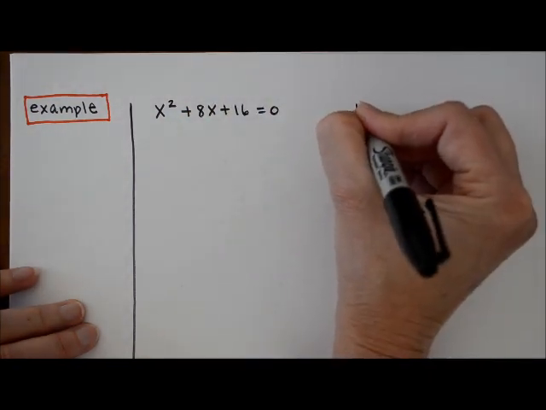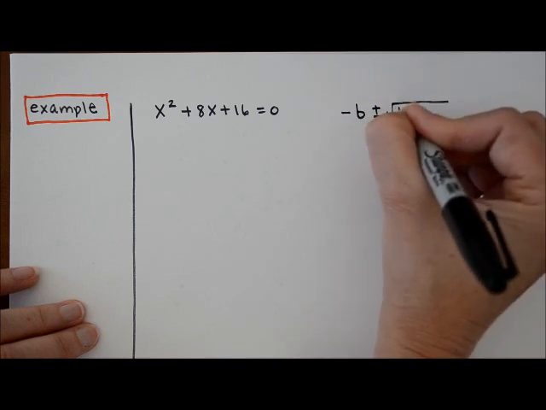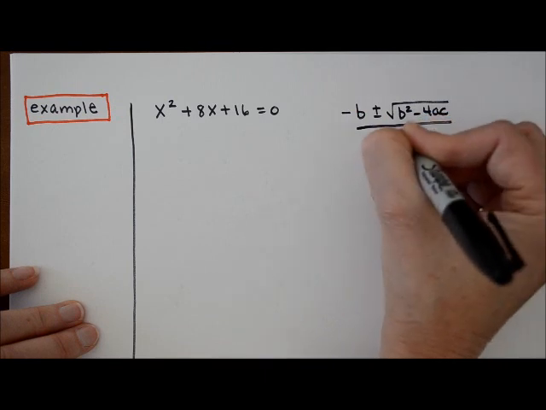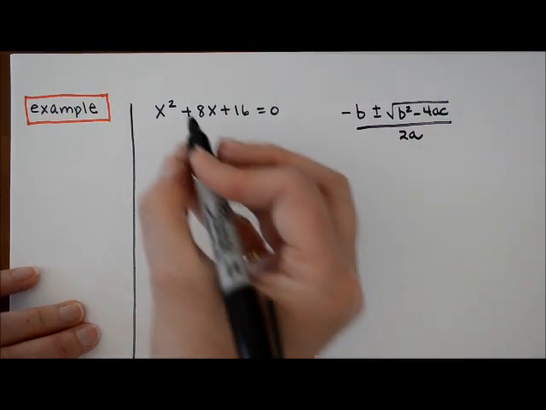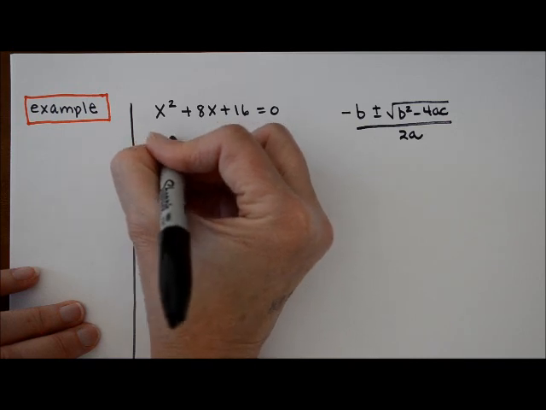So here I have quadratic formula, opposite of b plus or minus the square root of b squared minus 4ac, all over 2a. Hopefully by the end of these notes you'll have that down. Alright, so what I have then is negative 8.